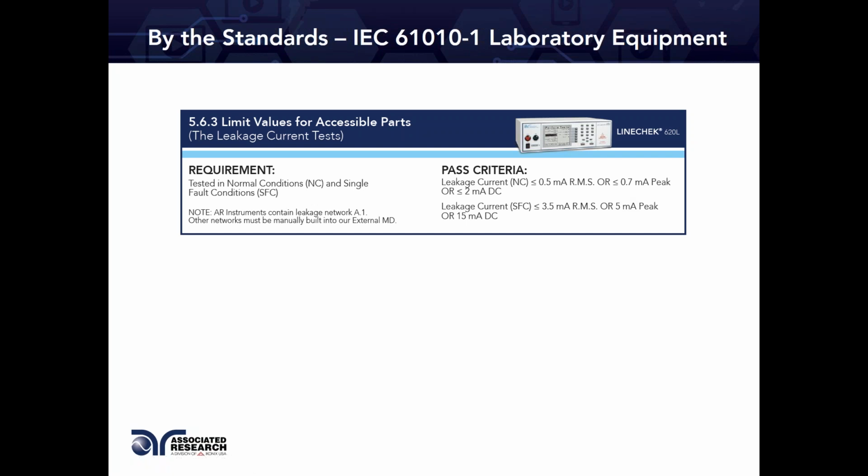The numbers may change a little bit, but what's important to note here is that the test standard is giving you all the information that you will need to set up your leakage current test and to find the right parameters, and also determine what type of leakage current tester would be suitable for your application.